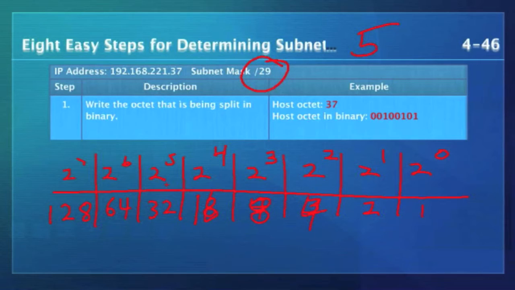You go to the 5th position here, and this is the number that your subnets are going to increment on.